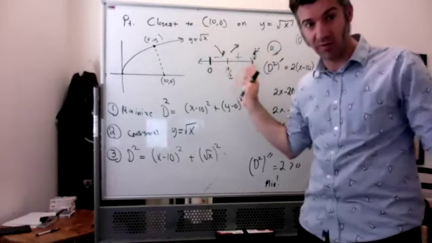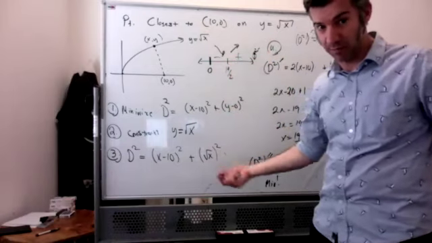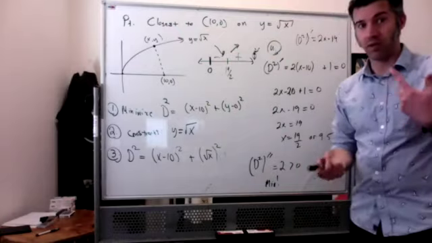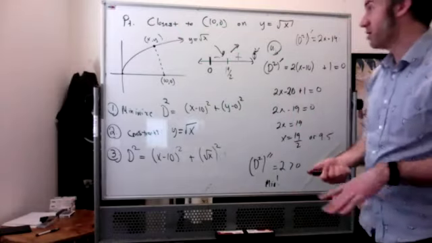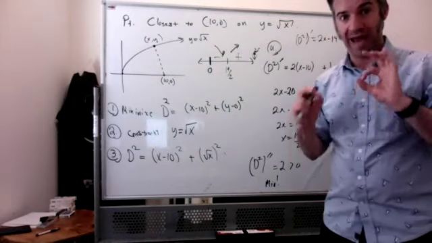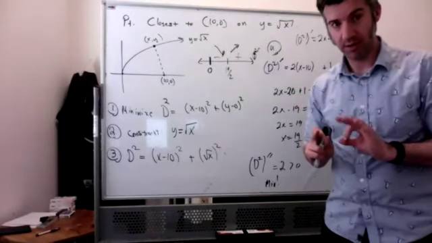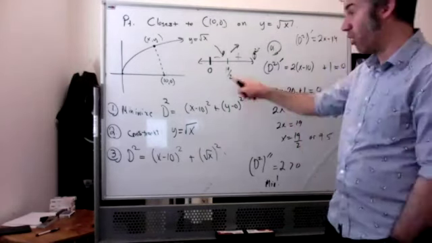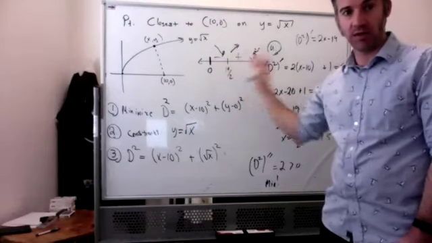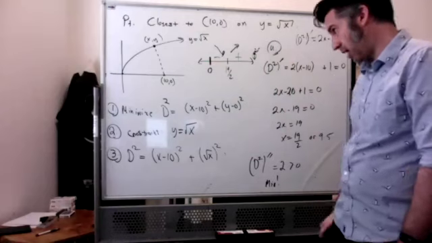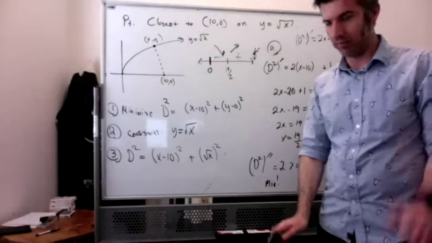It's the only critical point, so it's got to be an absolute minimum. I want to restate that there is a first derivative test for absolute extrema, and it only works if you have only one critical value and the function is continuous on the entire interval we're looking at.